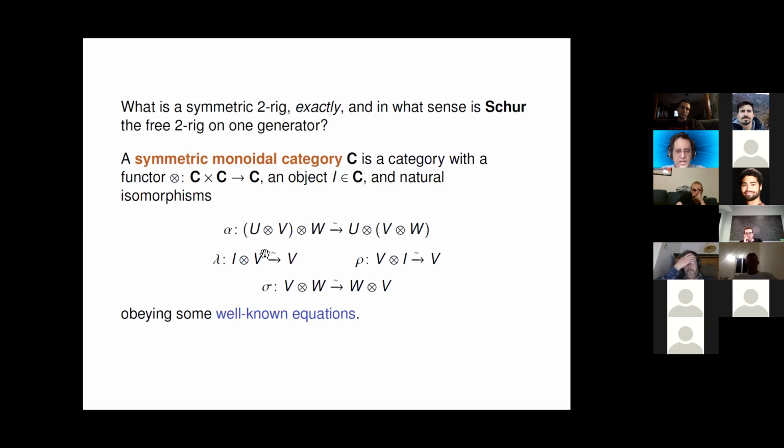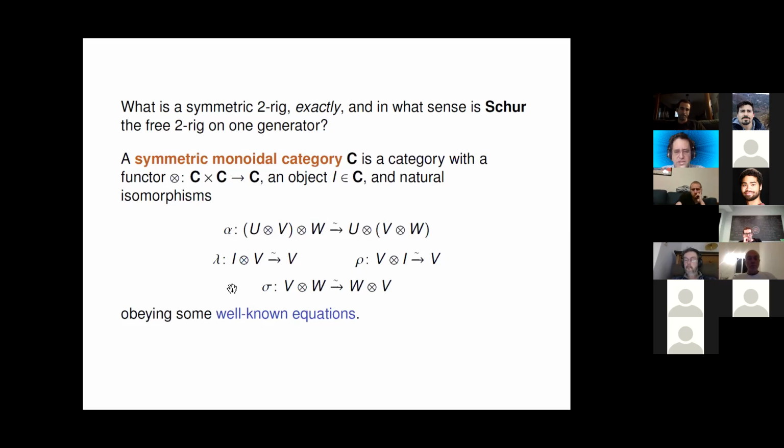That is, there's a concept of a natural isomorphism between functors, and there's a functor that takes three guys in C and tensors them this way, and another functor that tensors them this way, and we demand that there's a natural isomorphism from one to the other. And similarly for the left unit law, the right unit law, and the commutativity or symmetry.